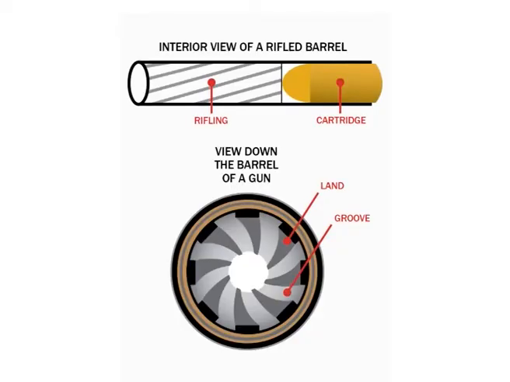Rifling consists of a series of spiral grooves which are cut into the inside surface of the bore of the barrel and are there to impart a spin to the bullet through its longitudinal axis. The gyroscopic motion of the bullet helps in its stability during flight, thereby preventing it from tumbling and losing its accuracy.